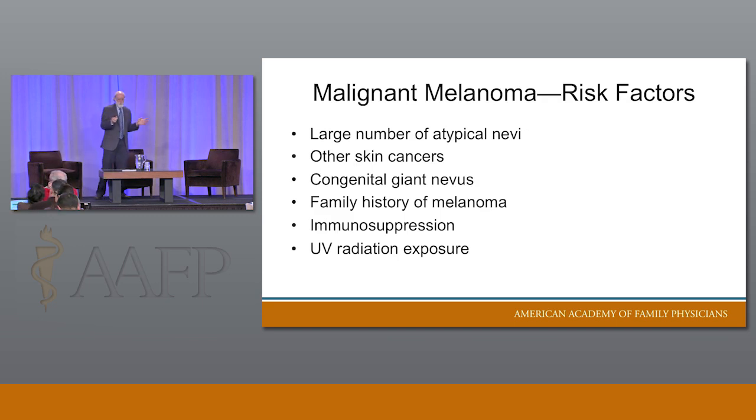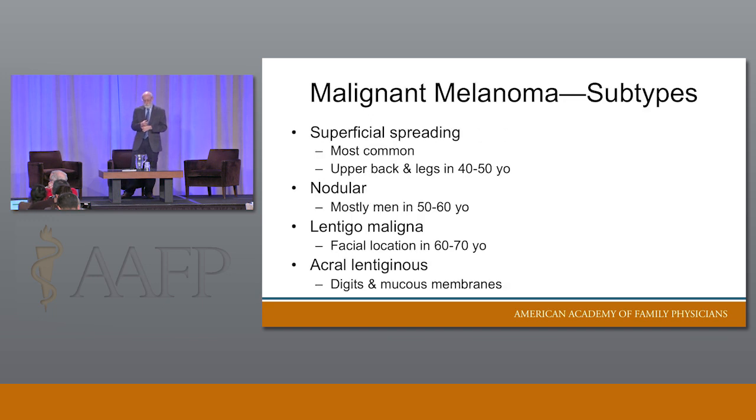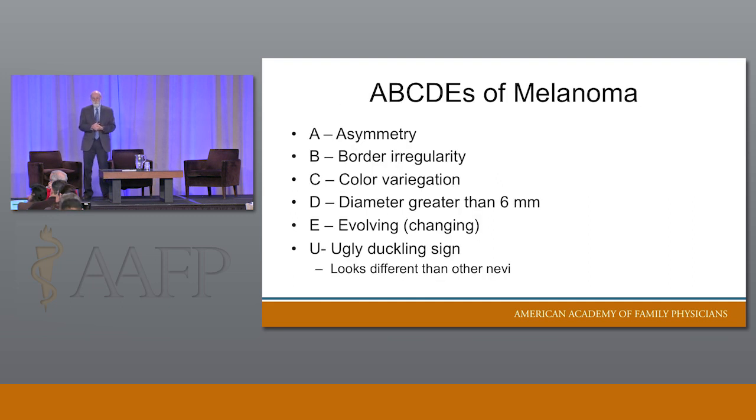The risk factors for melanoma: large number of nevi, other cancers, congenital giant nevi, positive family history, radiation, or immunosuppression. Subtypes include superficial spreading, nodular, lentigo, and acrolentiginous melanomas. Remember the ABCDEs and U of melanoma?